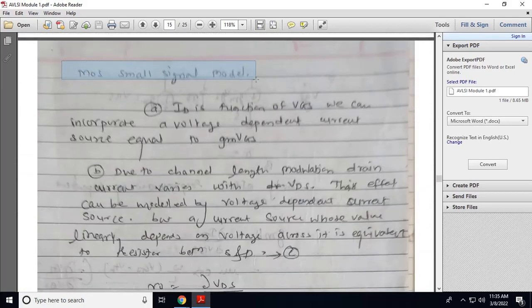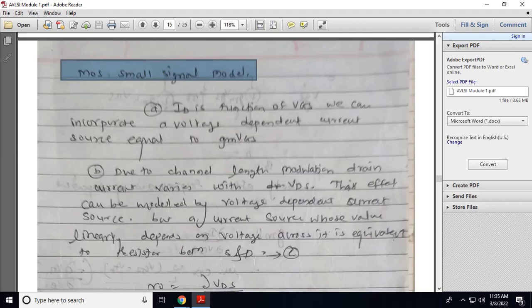Next point is the small signal model. When we apply a small AC signal to a transistor to amplify that signal, how does the transistor react to that AC signal? How can we represent a small signal model for that transistor, so we can calculate a voltage gain equation for the amplifier?